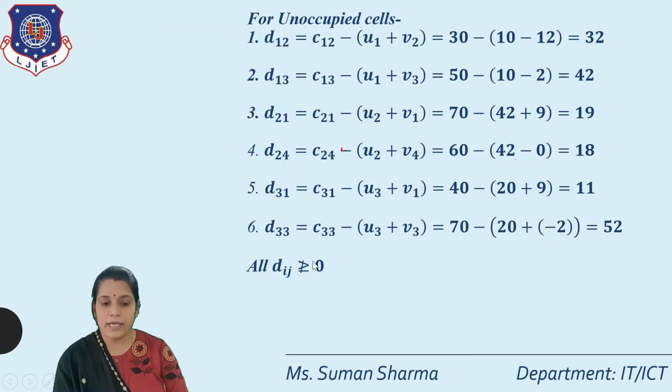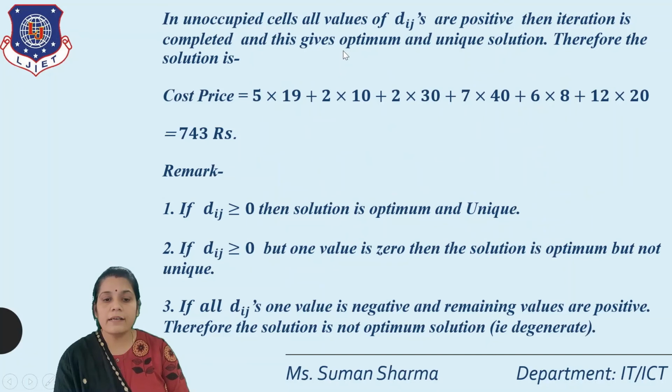So this is your final answer. So what is your final answer? In unoccupied cells, all values of Dij are positive. Then the iteration is completed and this gives the optimum and unique solution. Therefore, the solution cost is 5 into 19 plus 2 into 10 plus 2 into 30 plus 7 into 40 plus 6 into 8 plus 12 into 20, that means 743 rupees.